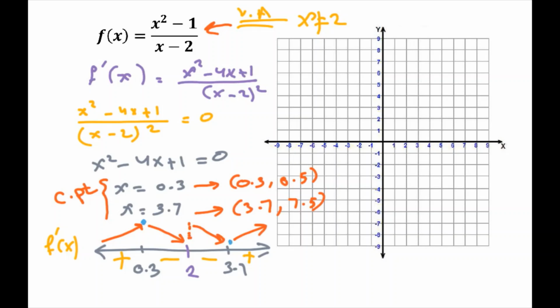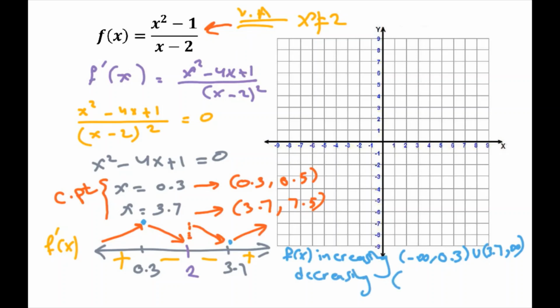Okay, so f(x) is increasing from negative infinity to 0.3 and 3.7 to infinity, where it is decreasing from 0.3 to 2 and 2 to 3.7.